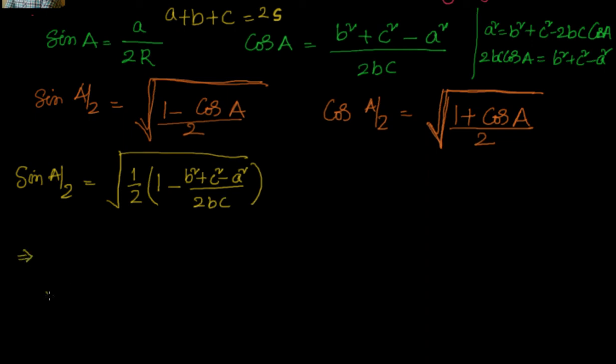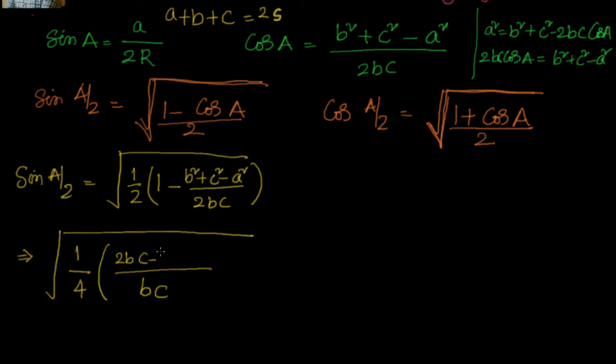This is nothing but equal to square root of, can I take 2 also out? So it becomes 1 by 4 into, I'll have BC here, and I will have 2bc minus B square minus C square plus A square.